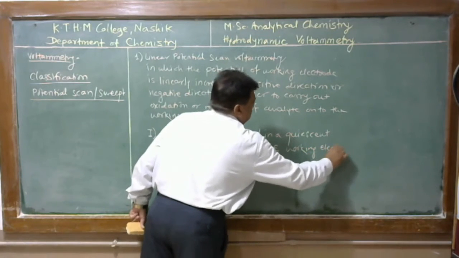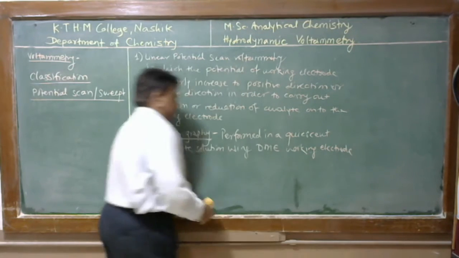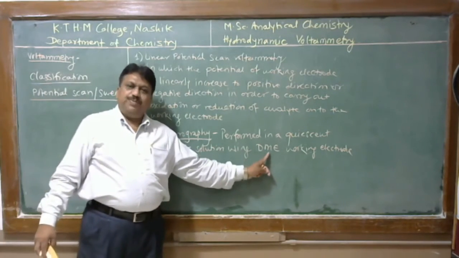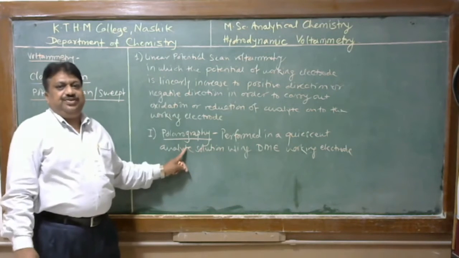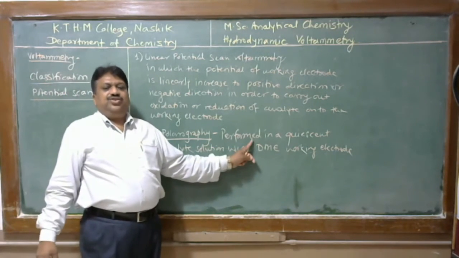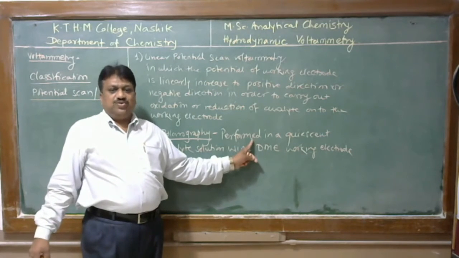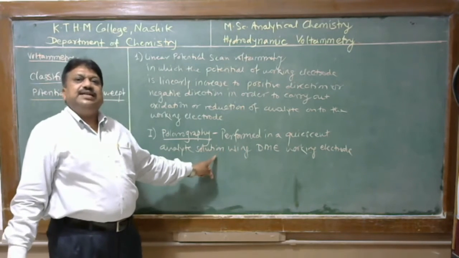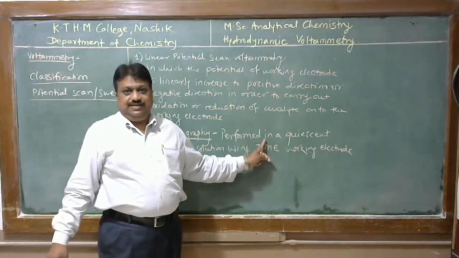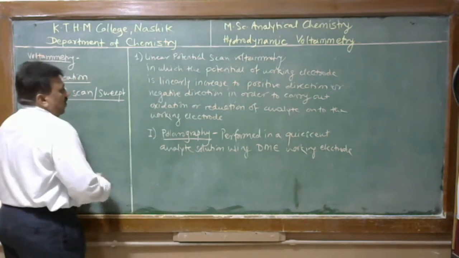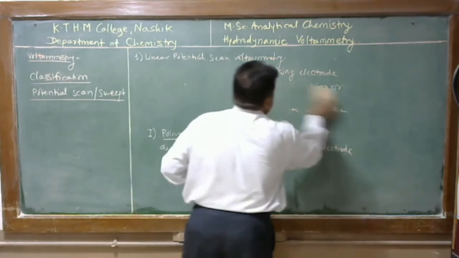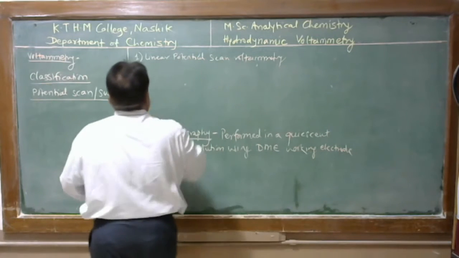And here in polarography, analyte species are transported to the working electrode, the dropping mercury electrode, by a diffusion phenomenon. The rate of this reduction reaction is controlled by the diffusion process, and therefore diffusion current is measured in polarography for quantitative analysis. The second type of linear scan voltammetry is called hydrodynamic voltammetry.